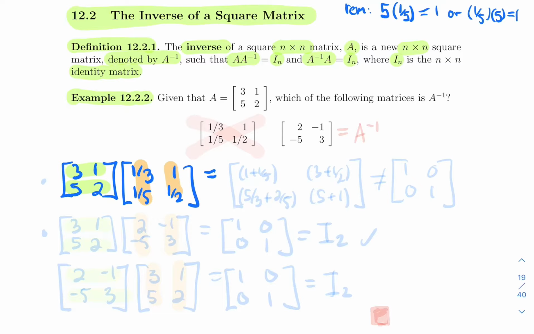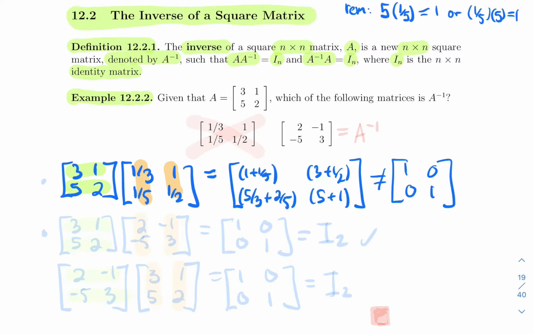again, you're using the column falling down on rows, so you're going to get 1 plus 1/5, 5 over 3 plus 2 over 5, and then you're going to get 3 plus 1/2, and then finally 5 plus 1, and clearly this is not the identity matrix, so this is not the inverse.